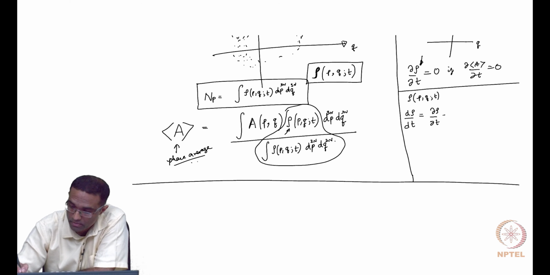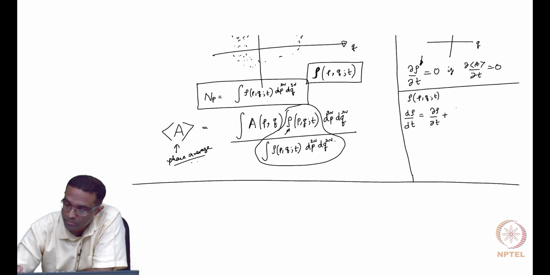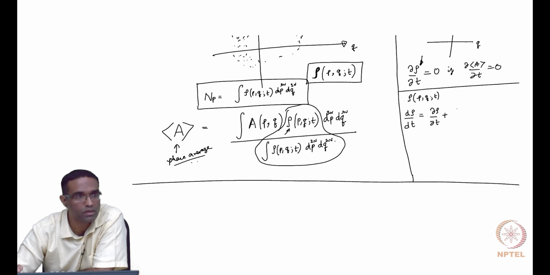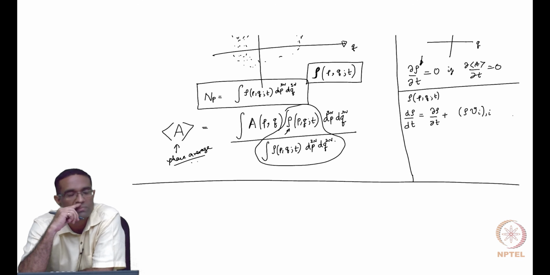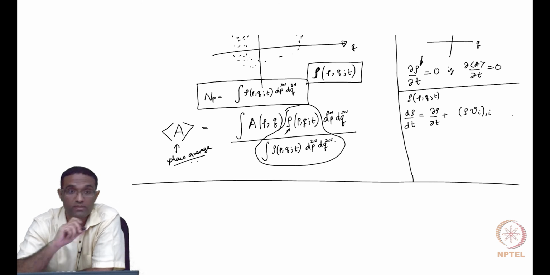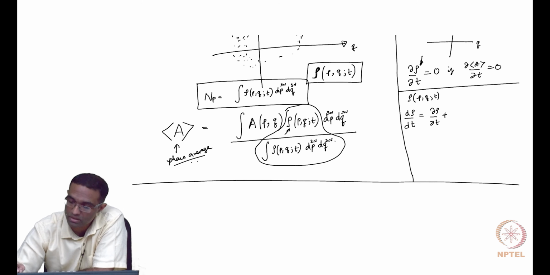Dou rho by dou t plus, something you said, grad something. Grad? Correct. Tell me. Rho divergence of rho, correct? But V is what here? Okay. You remember this? Do you remember this?